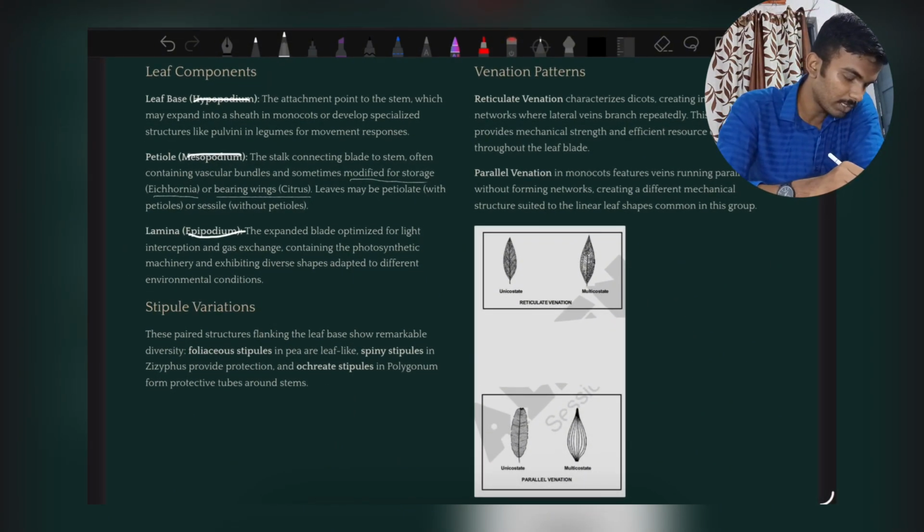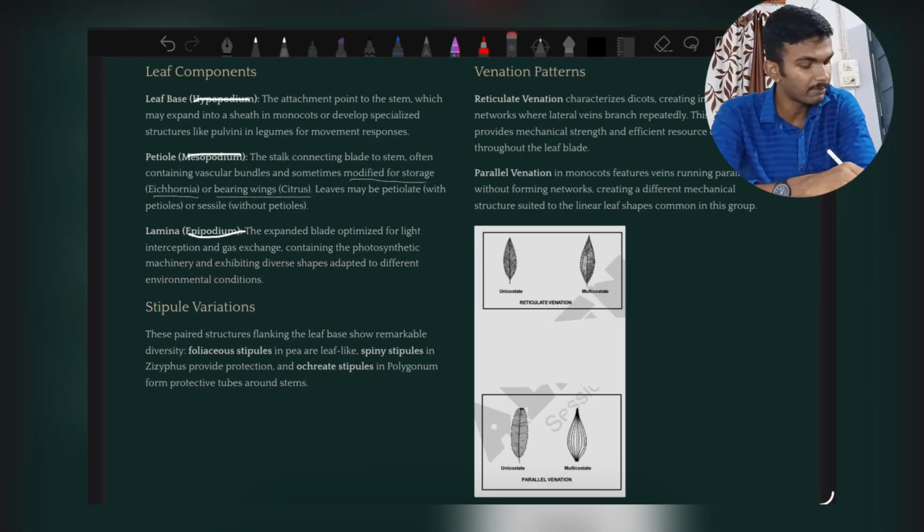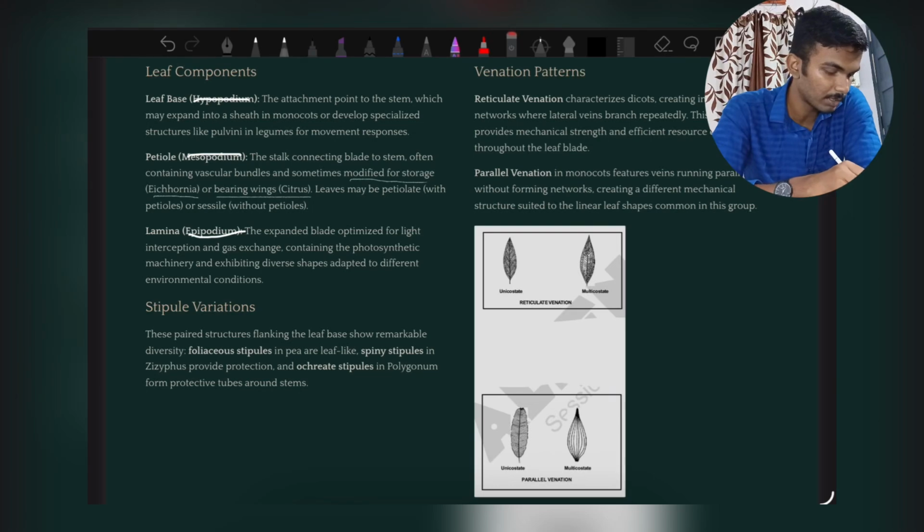Leaves may be petiolate with petioles or sessile without petiole. Lamina, epipodium, the expanded blade optimized for light interception and gas exchange, containing the photosynthetic machinery and exhibiting diverse shapes adapted to different environmental conditions.